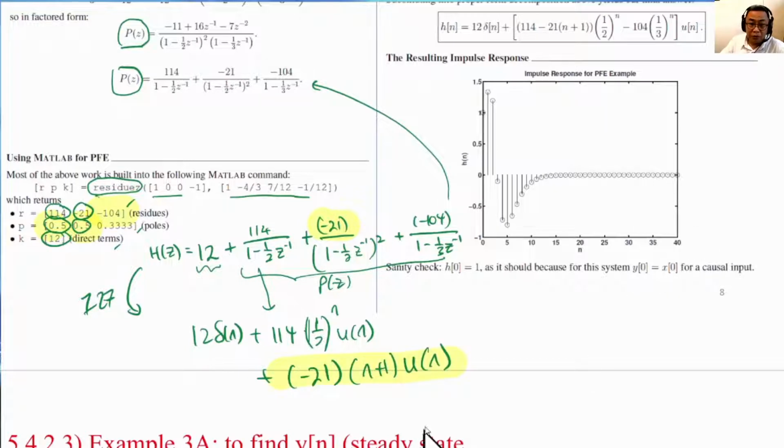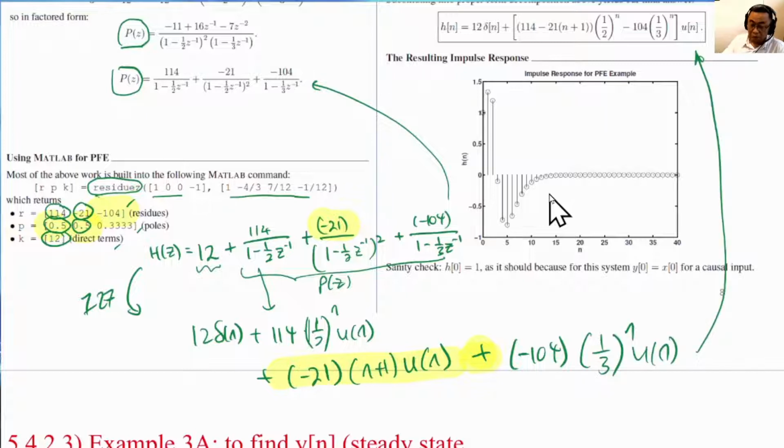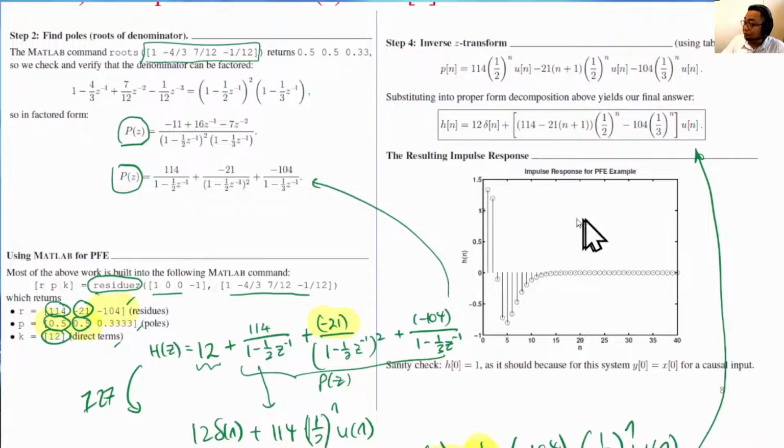We do not expect you to know how to do this. There's no lookup table for this, but you can check it by yourself later on with the lookup table. And the last one is plus minus 104 times 1/3 to the power of n, u of n. So you'll see that this is how we get h of n from H of z.